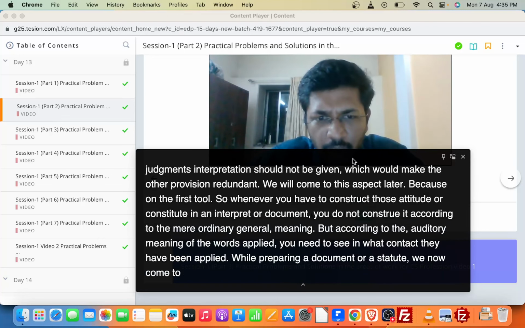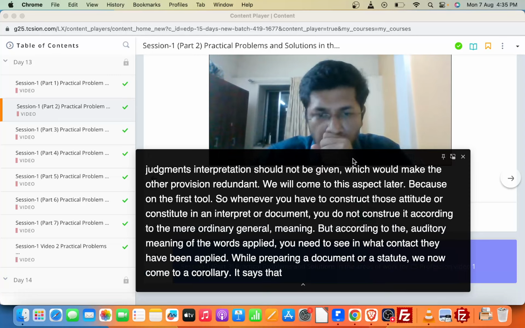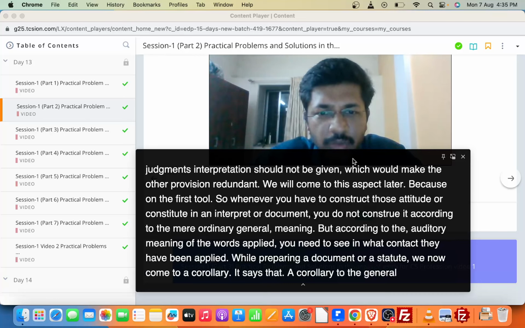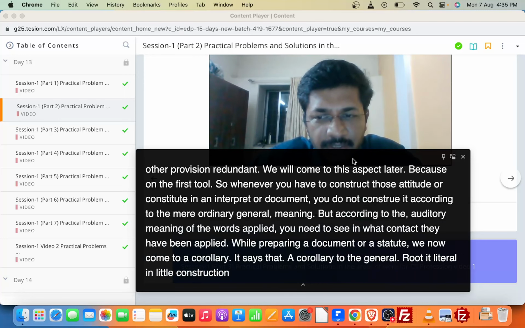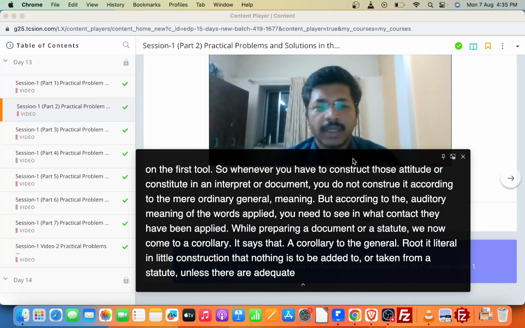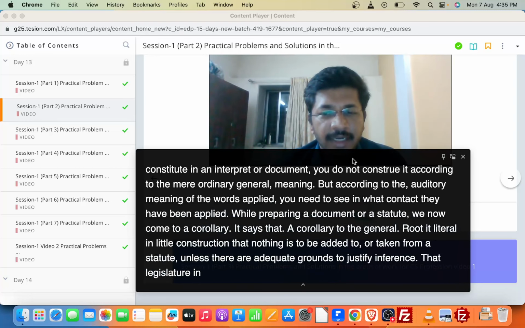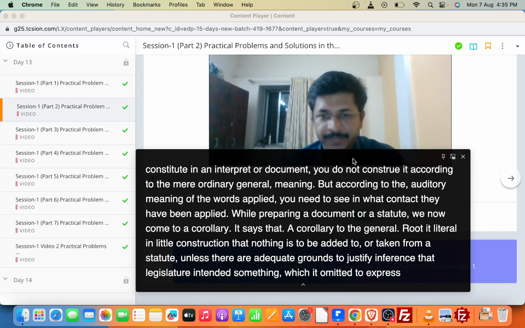We now come to a corollary. A corollary to the general rule states that, in construction, nothing is to be added to or taken from a statute unless there are adequate grounds to justify the inference that the legislature intended something which it omitted to express.